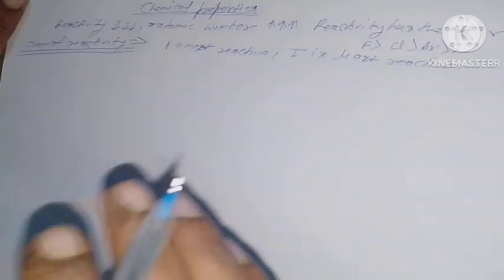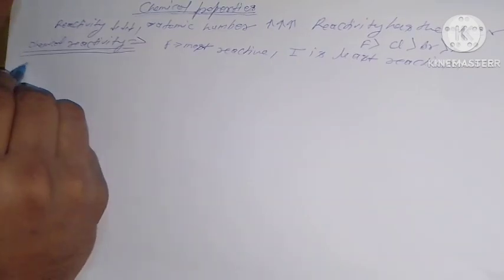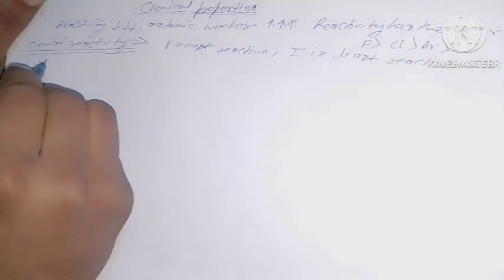The chemical reactivity of halogens may be explained by the following examples. First one, displacement.